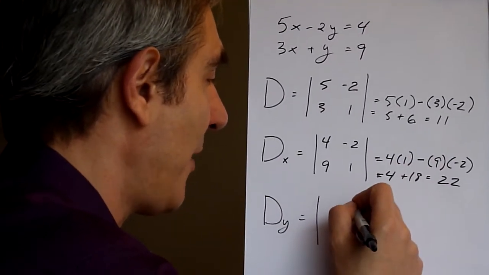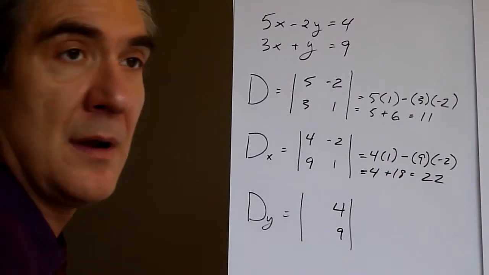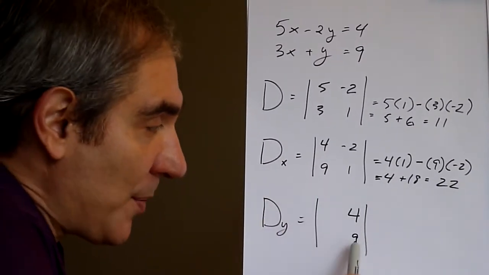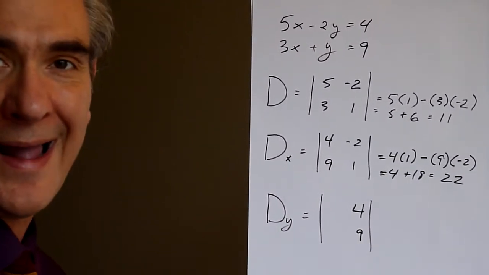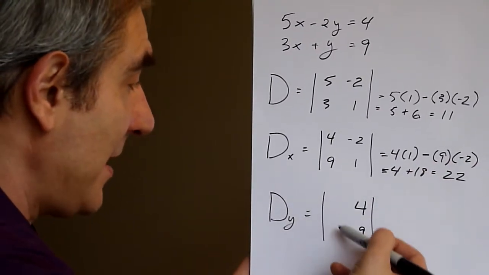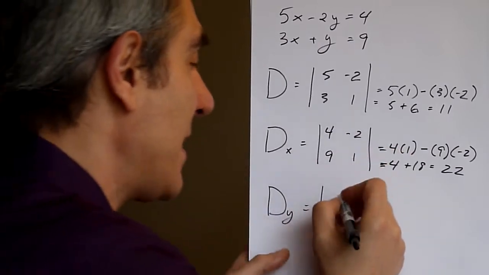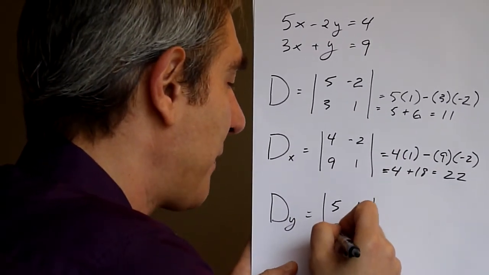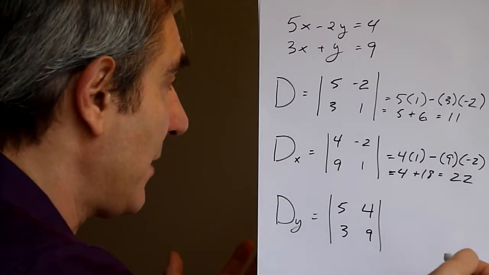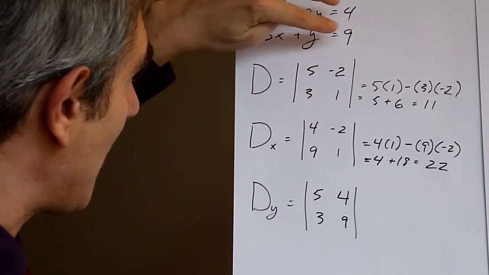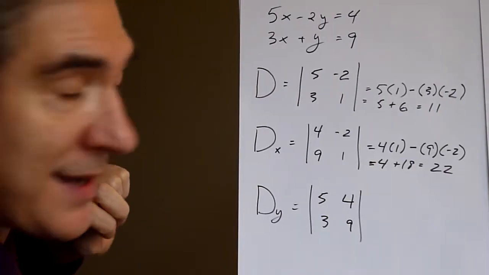Here we put the 4 and the 9 because we're dealing with the y. That's the way I remember it. And then these stay the same as they were originally, 5 and 3. Okay, let's see what we get. Did I do this correctly? These stayed the same; these were replaced since we were dealing with the y's.